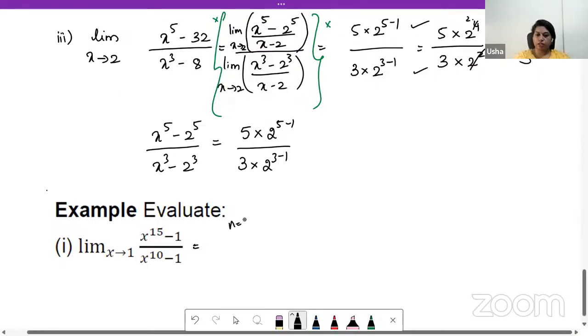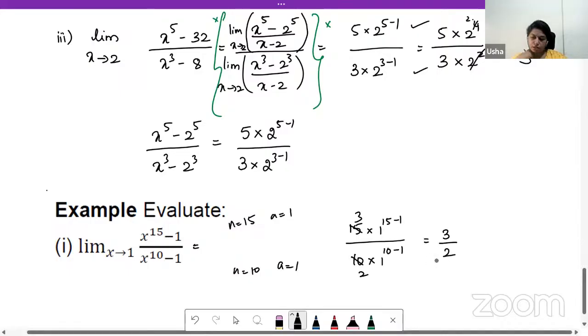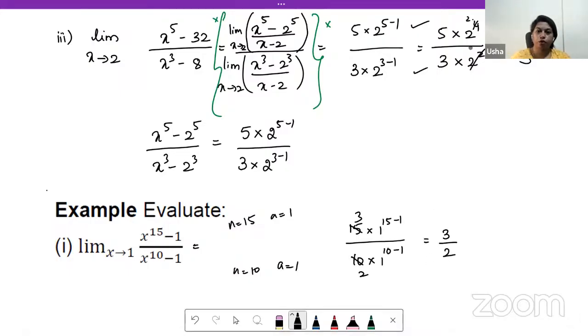For the numerator, n is 15 and a is 1. A remains same for both numerator and denominator. Here n is 10. So what is the answer? n into a power n minus 1. And for the denominator again n into a power n minus 1. Now 1 raised to any power is 1 only. So the answer is 15 by 10. Cancel this by 5. You get 3 by 2 as the answer. Hope all of you have understood this. Is this clear, everybody?